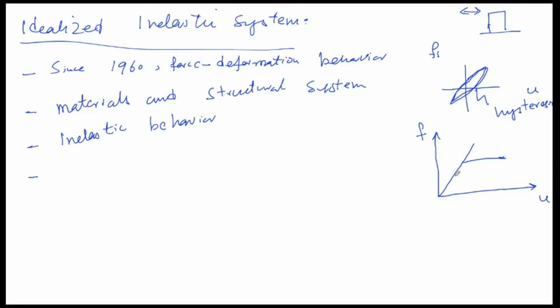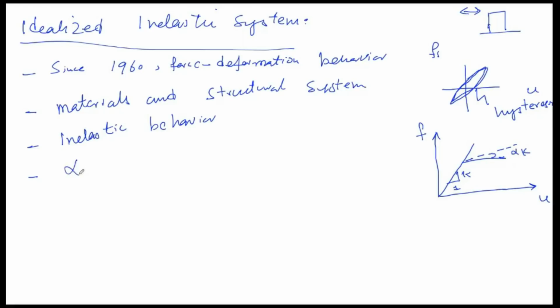For that elastoplastic system, the elastic stiffness is represented by K, okay? And sometimes the system may have some post-yield stiffness, which we just mention here. If the system is perfectly elastoplastic, then let me just write here that this stiffness is alpha K, where alpha is the post-yield stiffness ratio.